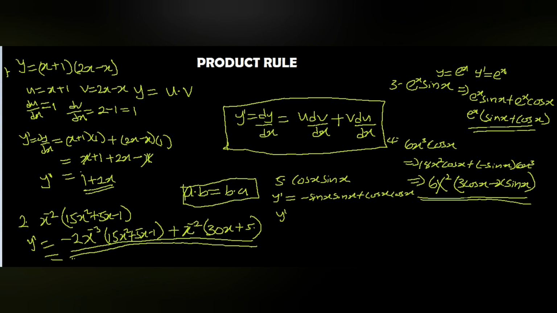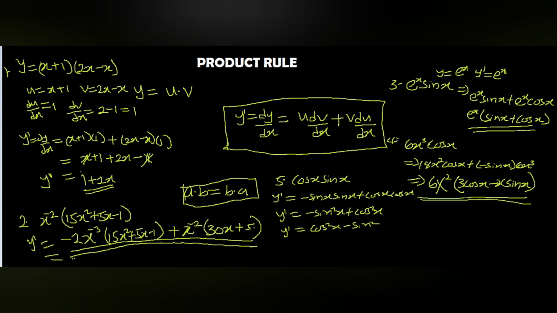So that means y prime here is going to be equal to minus sin square x plus cos square x. So this is what you have. This can also be rewritten as cos square x minus sin square x. So this is what you have at this point.